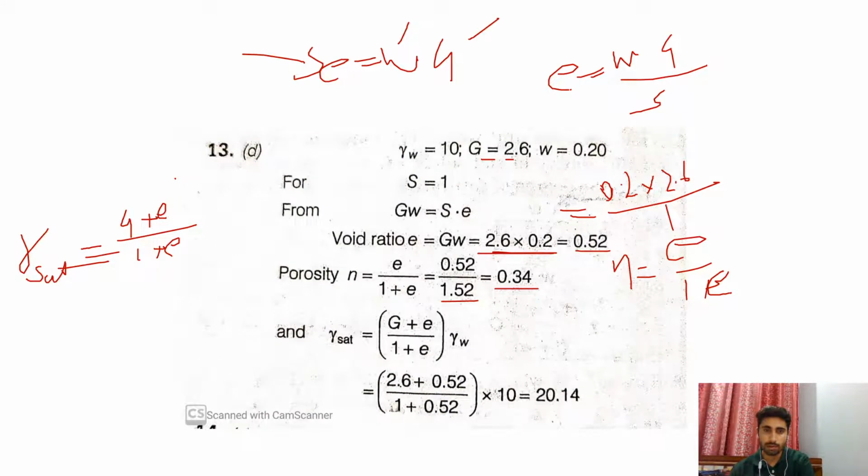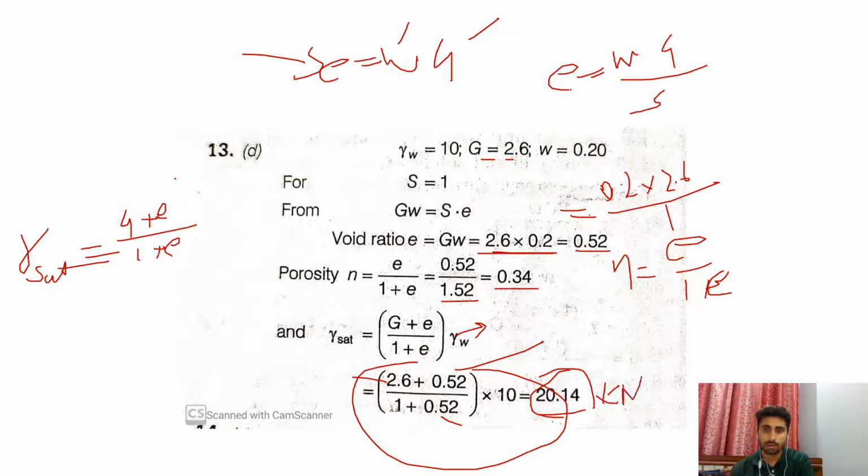Remember this equation. Here G is 2.6, e is 0.52, and 1 plus 0.52, into the value of gamma w in kilonewton per meter cube, that is 10. That is already given. If you calculate all these values, you will get 20.14 as your answer. And what is the unit? Here the unit is not given. This is definitely kilonewton per meter cube.